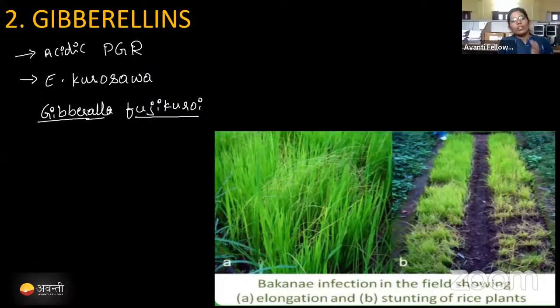Okay, so they have been affected by this fungus. Then later he understood what exactly is causing the disease. Fungi, okay, fine. But inside the fungi, what is the thing which is causing disease to these plants? Then he identified there is an acid, and that acid is called gibberellic acid.